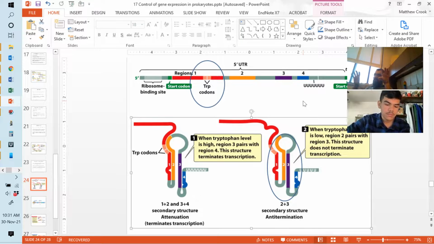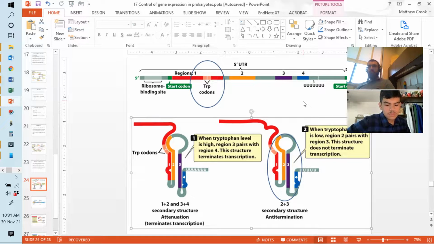Now the RNA polymerase kind of makes 4, pauses for a bit, and then we have the termination loop in between, which terminates transcription. So we make a little bit of mRNA, the leader region. We make a little bit of protein. Essentially regions 1 and 2 are translated, but that's it.